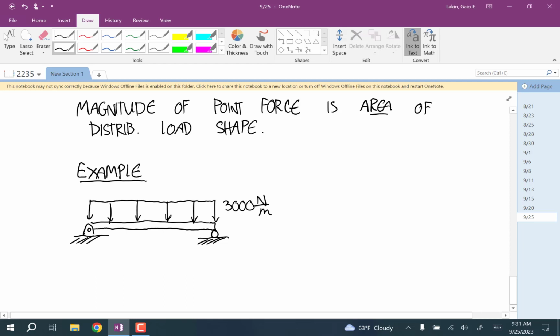This one is uniform. We'll ignore the weight of the beam. We'll say that this distributed load produces a force that sort of dwarfs the weight of that beam, so we'll just ignore it. Okay. And let's say that the length of this is 2 meters. And we want to calculate those reactions.